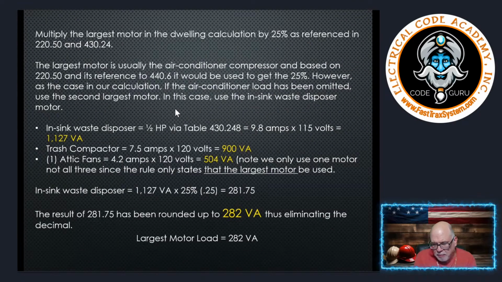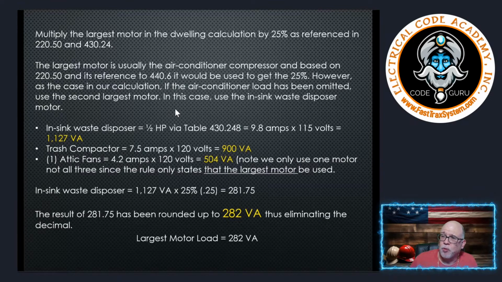Now, this is interesting because so many people get confused by this, and they go, Paul, where does it say in the code to take the largest motor at 125%? You've got to bear with me here and follow me. If you take anything away from this, what we're saying is, look, this house has motors.